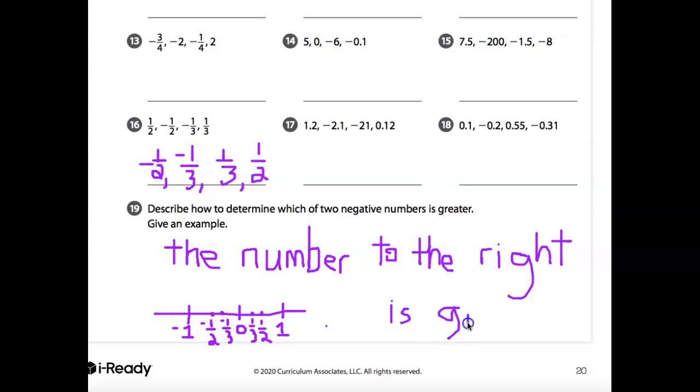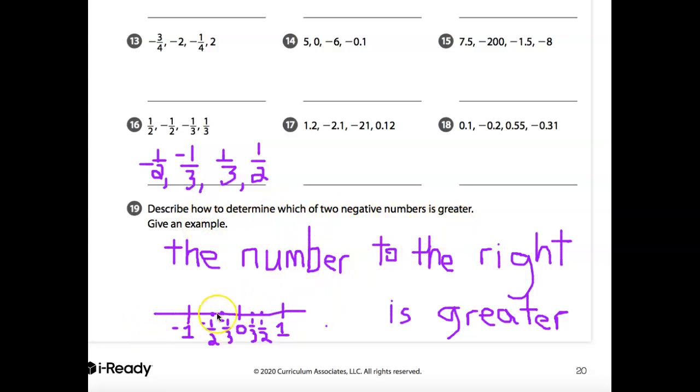So let me just show you, and we really already talked about it when we did this last problem, but I'll show you again. So, for instance, 1/3 and 1/2. It says, describe how to determine which of two negative numbers is greater.